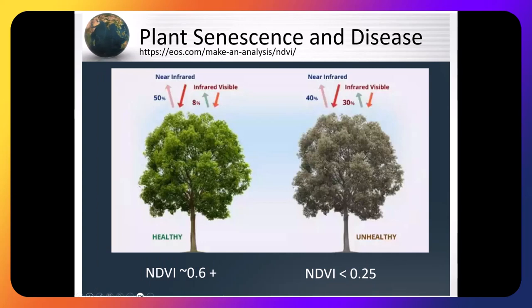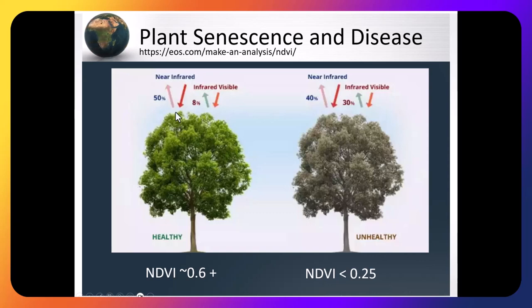Just to bring home the difference between healthy and unhealthy or senescent vegetation, here you've got a nice cartoon of this from EOS, Earth Observation Systems.com, about NDVI. And there's lots written about NDVI. If you click through on this, you'll get some pages to read about NDVI.